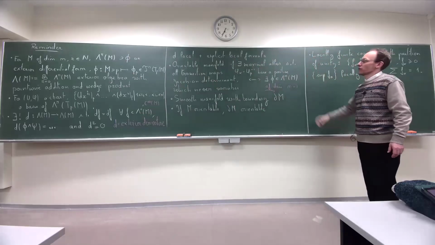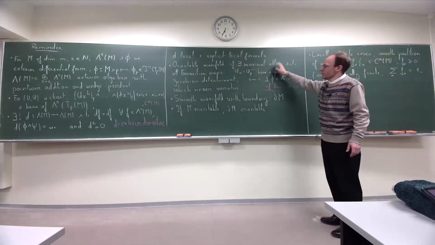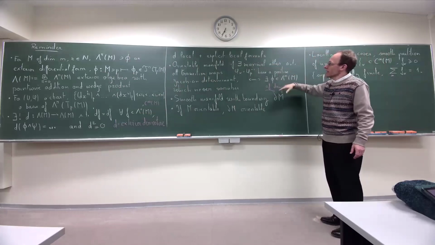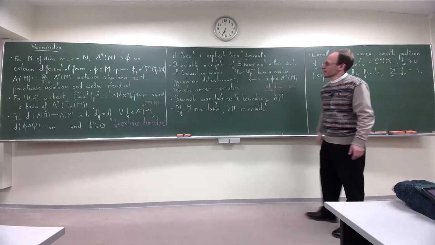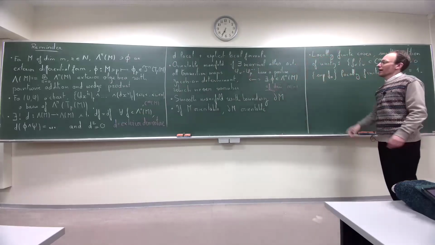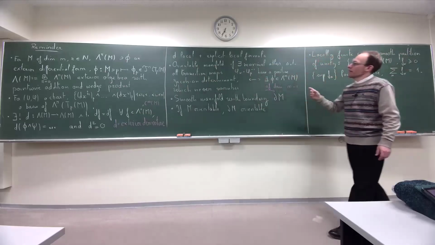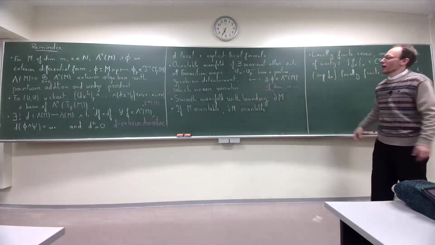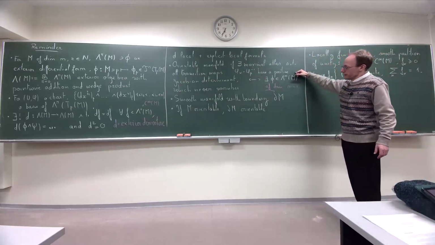Then I introduced orientable manifolds. So it's a manifold with a maximal atlas. We have seen this a long time ago. So that when you compute these transition maps for different alpha and beta, this is a function from R^m to R^m, or part of R^m to part of R^m. You can compute the Jacobian, and the Jacobian has to be positive.